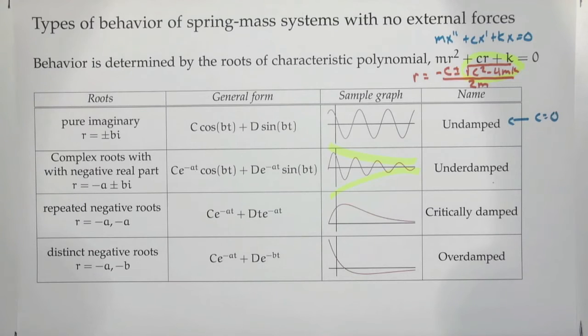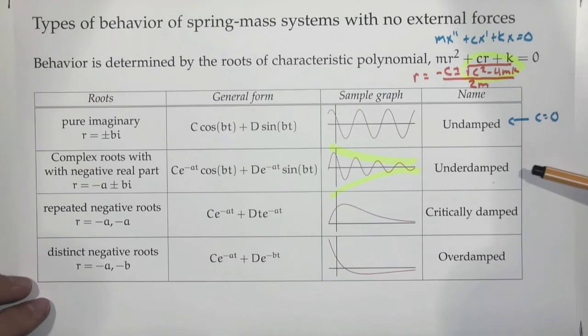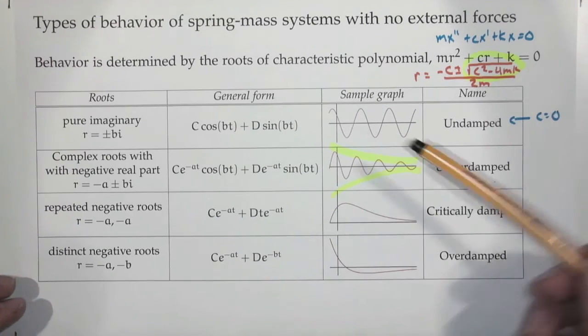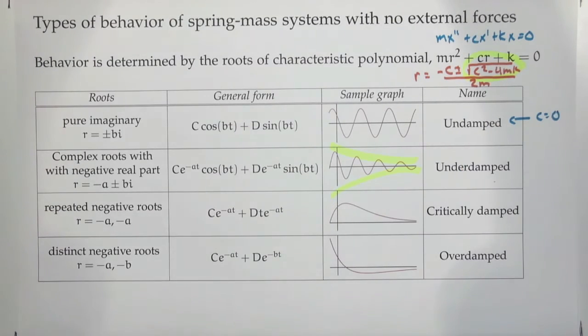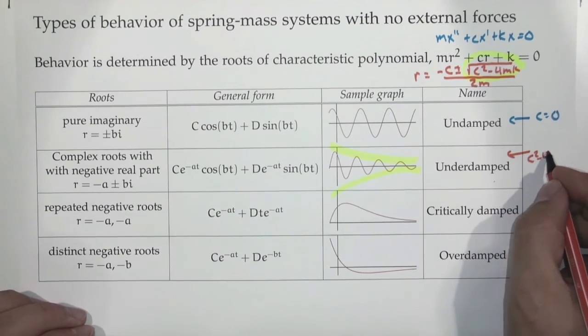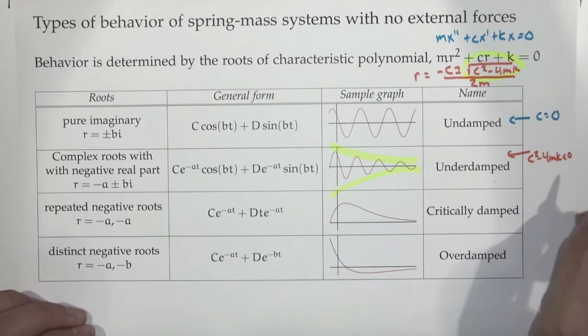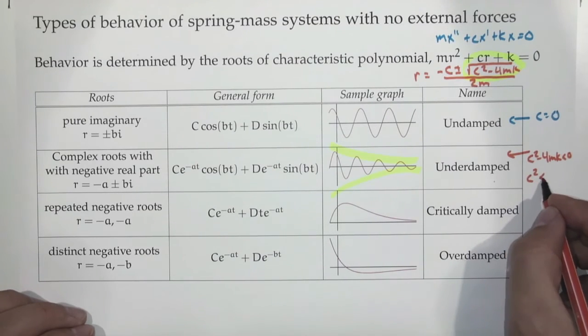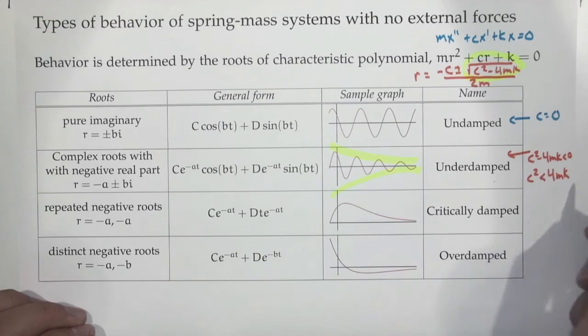So, what do you want? Well, if we want this to be complex, which would be underdamping, what does it say about what's inside of this square root? It needs to be negative. So, underdamping, we can say, well, that's c squared minus 4mk is negative, or c squared is less than 4mk.